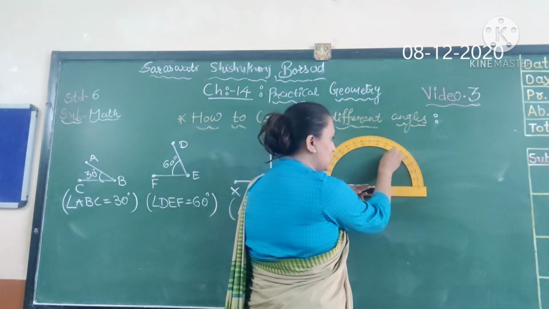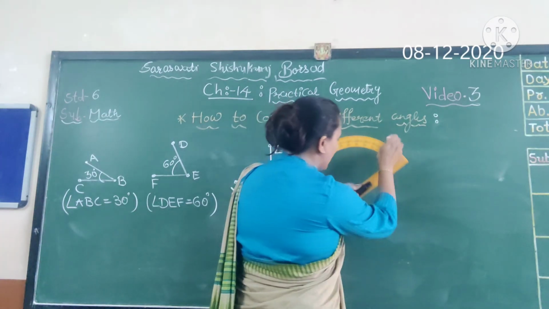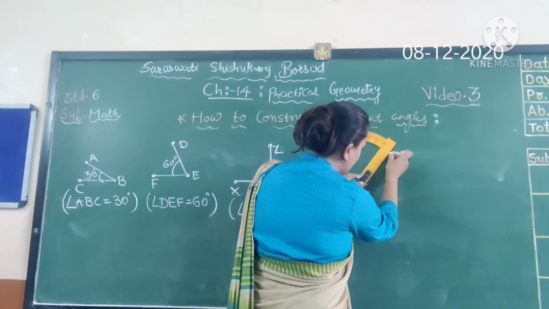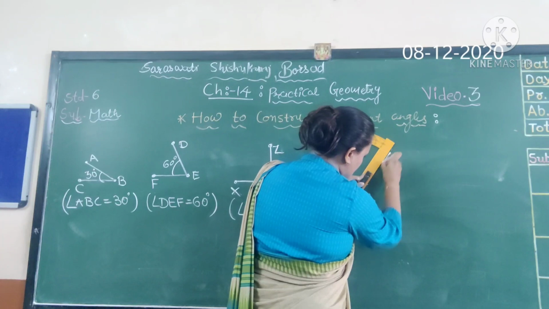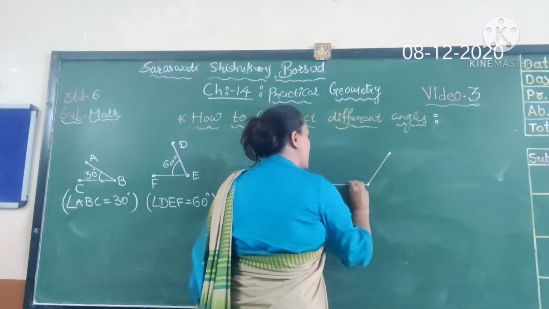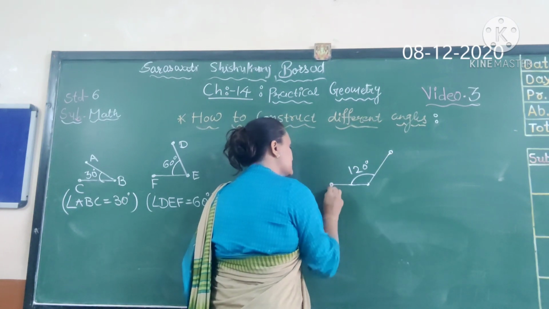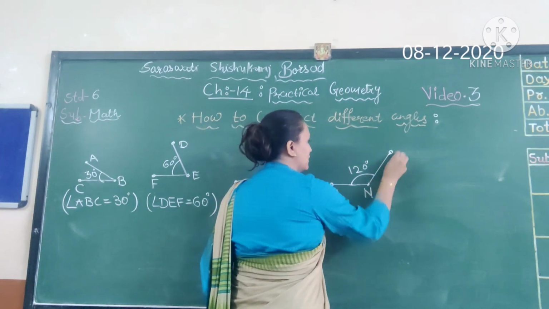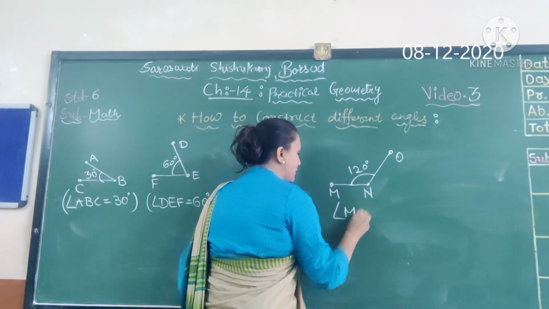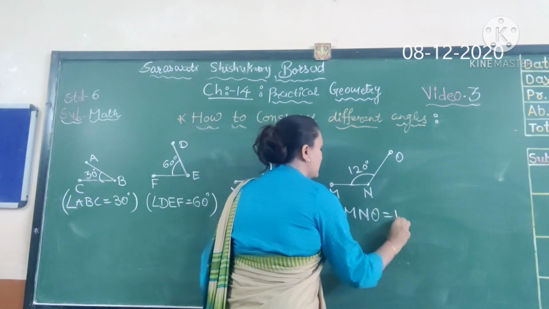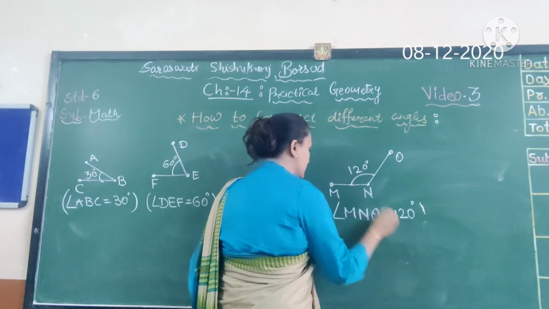So here is your 120 degree. Okay. Now join both the points. So this is your 120 degree angle. Let us name it as M, N and O. So angle MNO is 120 degree.